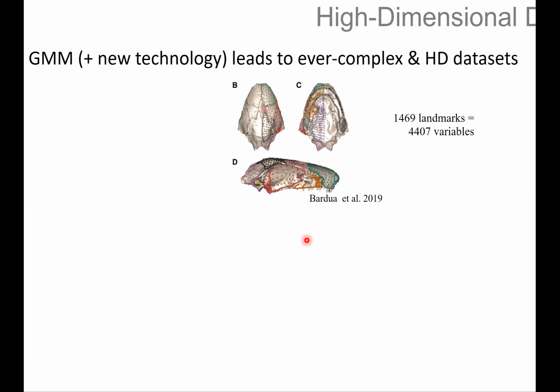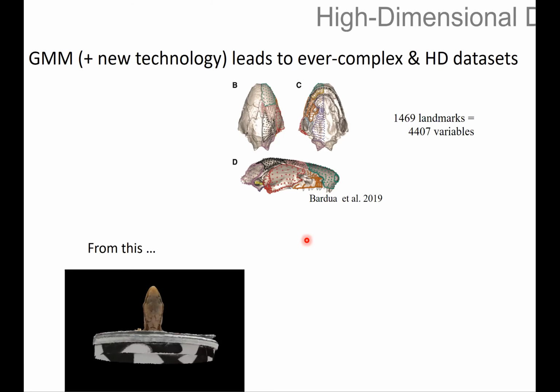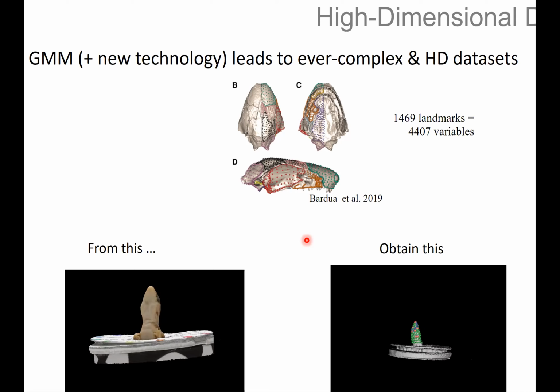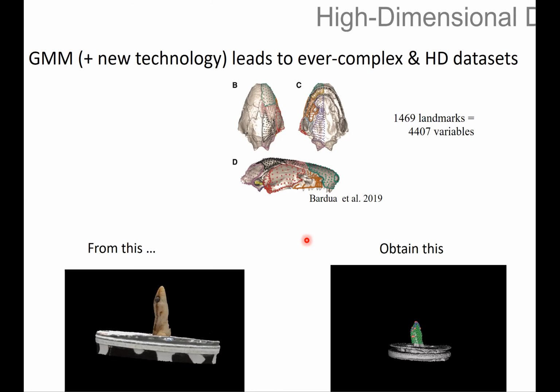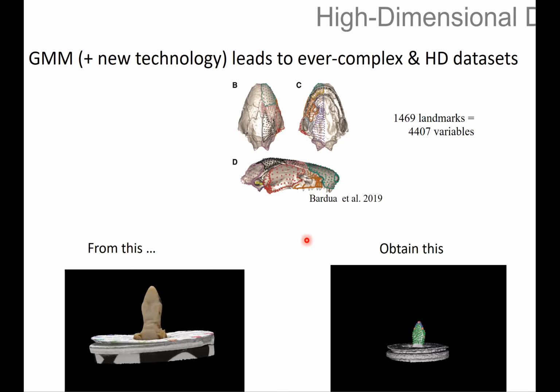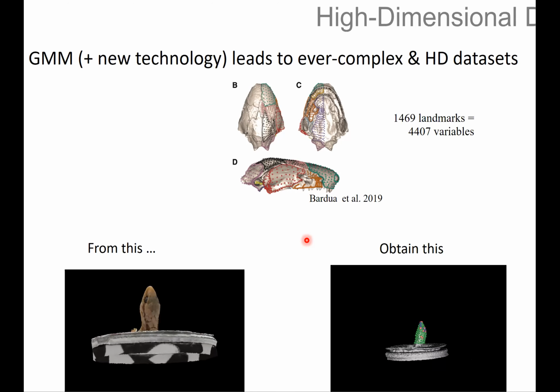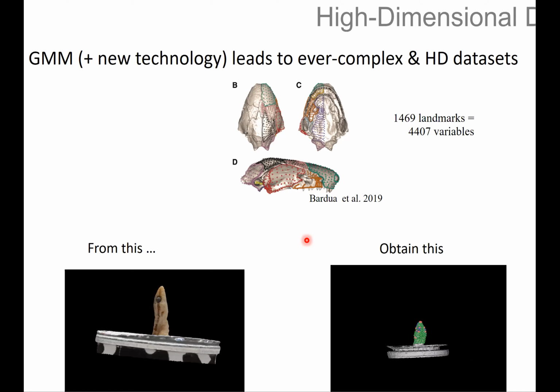But what these technologies have allowed us to do is basically go from an object like this. Here we have a Caribbean gecko in a 3D scan of that gecko, and we can characterize that on the right with high dimensional landmarking and phenotyping. If we think about high dimensional phenotyping, landmarks might be one way of doing that.